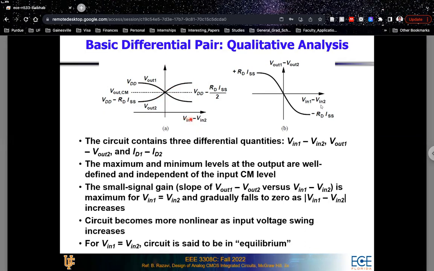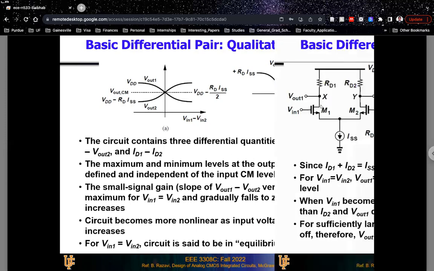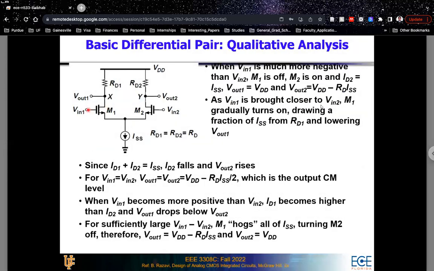As Vin1 minus Vin2 is a large positive quantity, which means that Vin1 is much, much larger than Vin2, transistor M1 will hog all the current. If we go back to the previous slide, as Vin1 is much larger than Vin2, this transistor M1 will be on and M2 will be off. So all the current will flow through this branch. So Vout1 will be equal to VDD minus ISS times RD1.